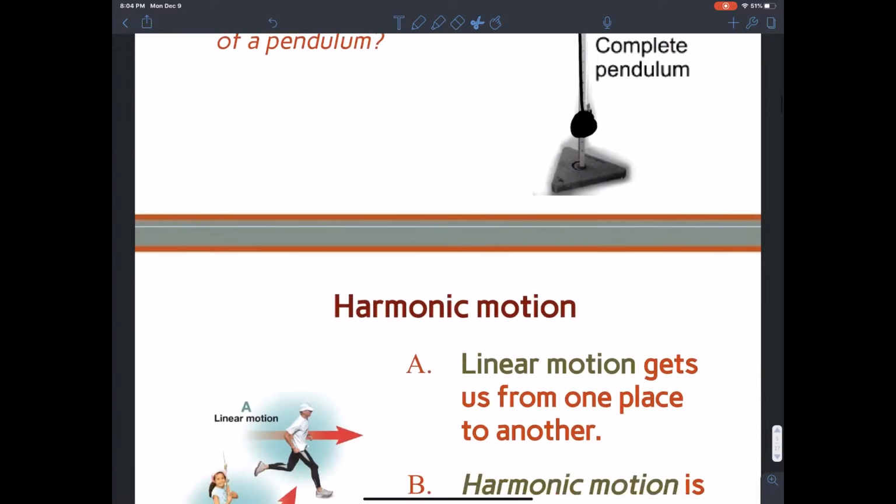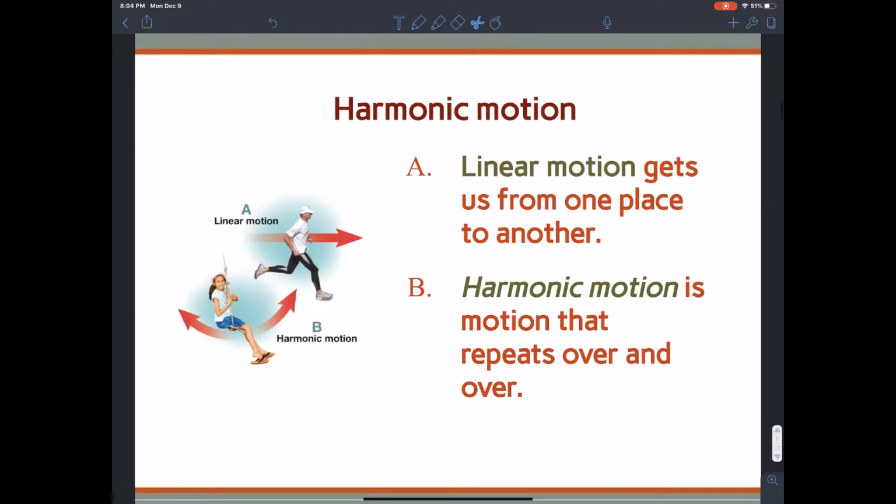Okay, so everything that we have done in class so far has all been in a linear fashion. You know, a car takes off and it's going to go 20 meters per second. It's heading north. We might have a rocket that's blasting off into the sky at an acceleration of 3 meters per second squared.